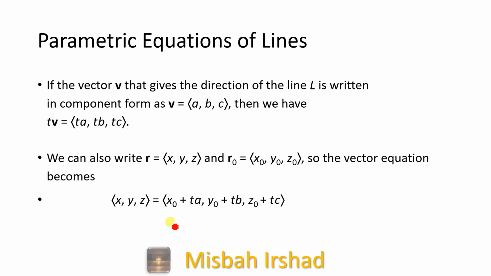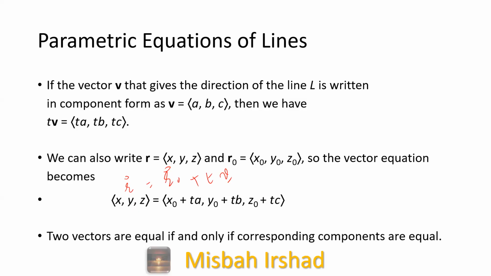Then the equation, which was r is equal to r naught plus t times v, becomes <x, y, z> is equal to <x naught plus ta, y naught plus tb, z naught plus tc>. Since both the vectors are equal, their corresponding components are equal.